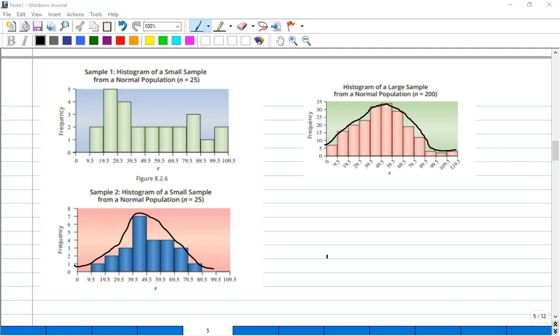Okay. So that's what a normal distribution is. And as your sample sizes get larger and larger, your data will approach being a standard normal distribution. Okay? And that's where we're moving to next. We're going to look at the standard normal distribution.